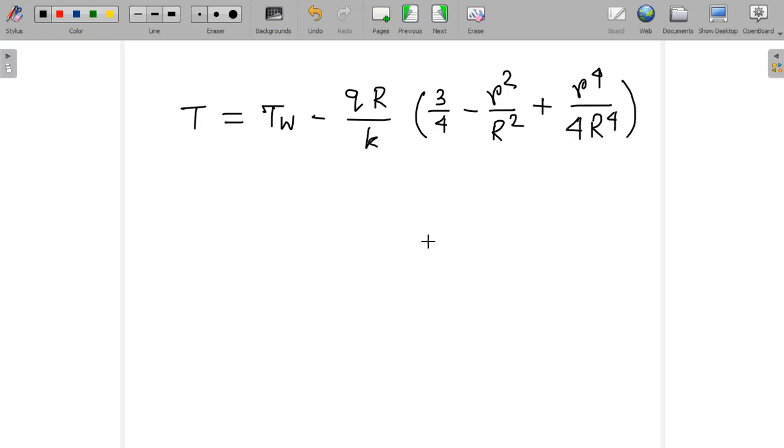So the temperature profile will be like this.